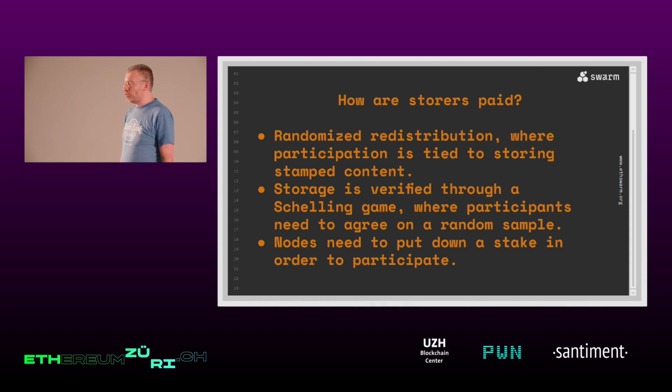And in order to be Sybil resistant, so in order to prevent fake nodes that use the same storage but just pretend to be more nodes than they are, nodes need to put down a stake in order to participate.